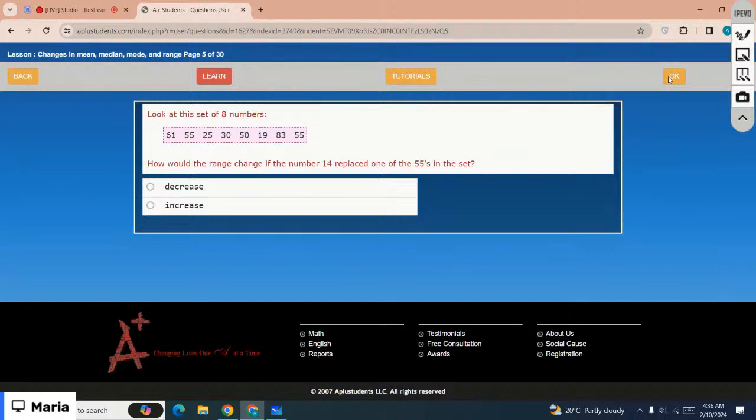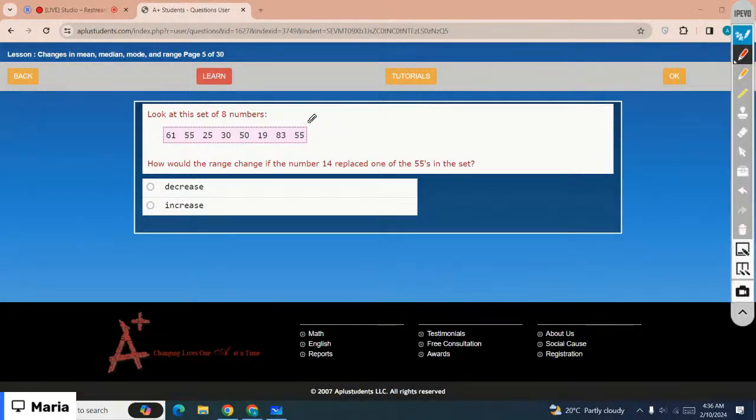Look at the set of 8 numbers. How would the range change if the number 14 replaced one of the 55s in the set? Okay, if you replace one of the 55s by 14, the greatest number is 61 and the least number is 14.